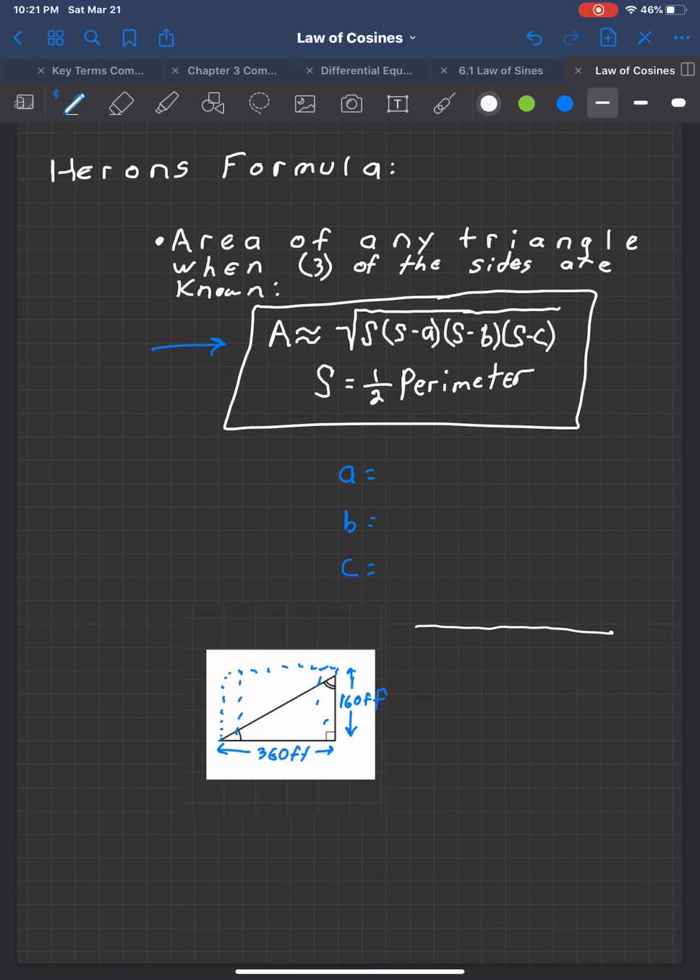You want to know the area of just half of that football field. So if you run that diagonal from one corner to the other corner of the field, this is the triangle that you have.